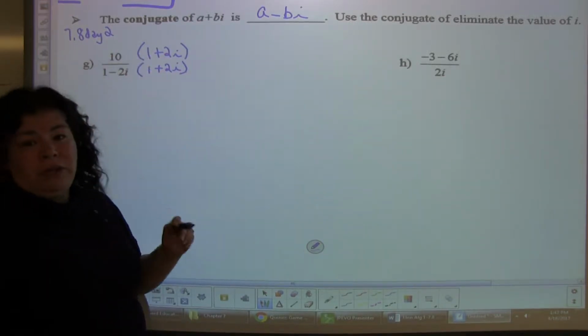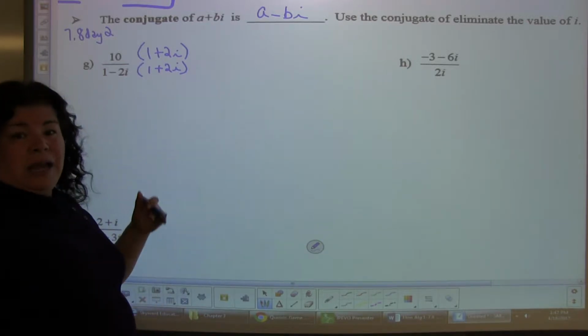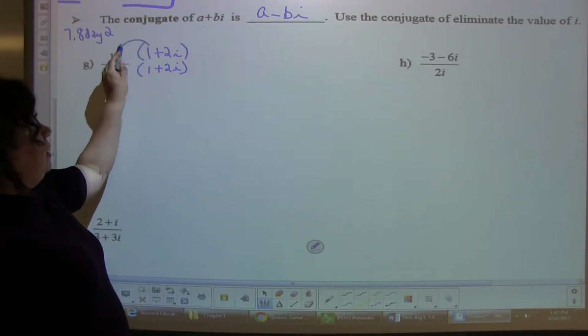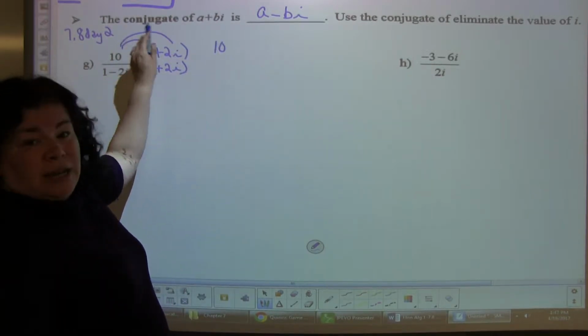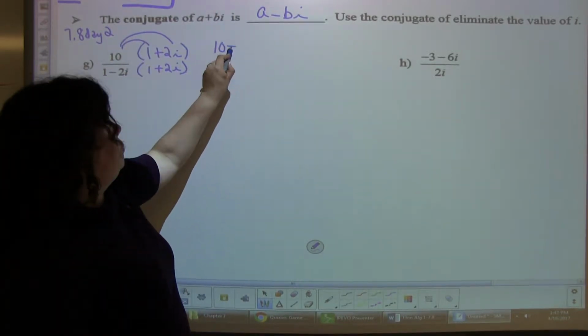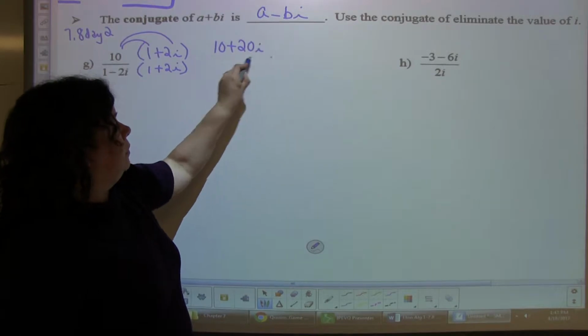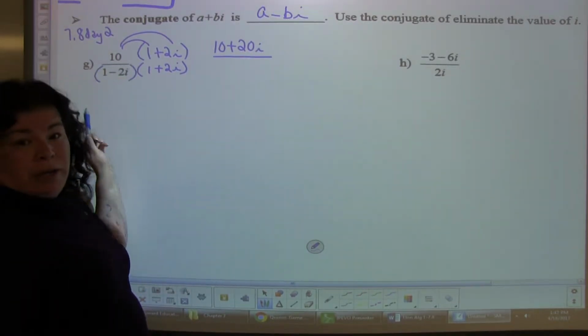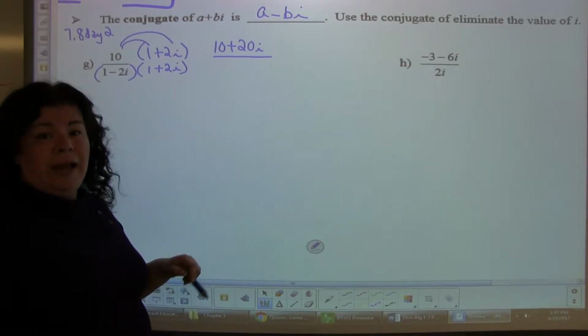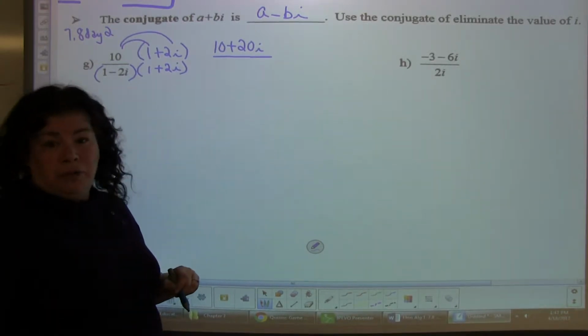Okay, so we're going to go ahead and distribute that numerator just like we normally would. 10 times 1, which is 10, and then 10 times 2i, which is 20i. And then our denominator, we actually have this quantity 1 minus 2i multiplied by the conjugate 1 plus 2i.